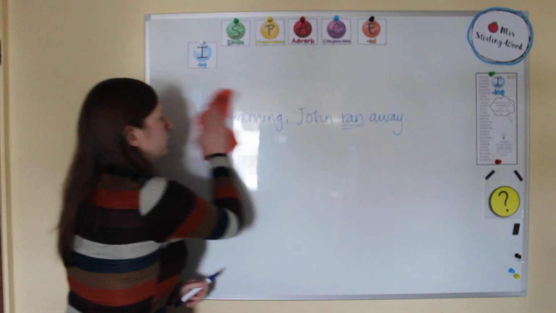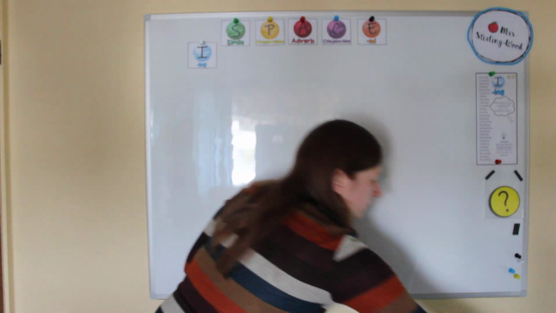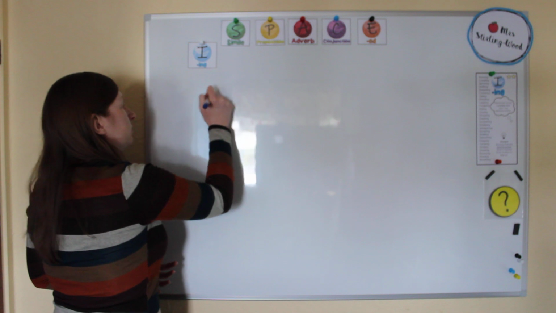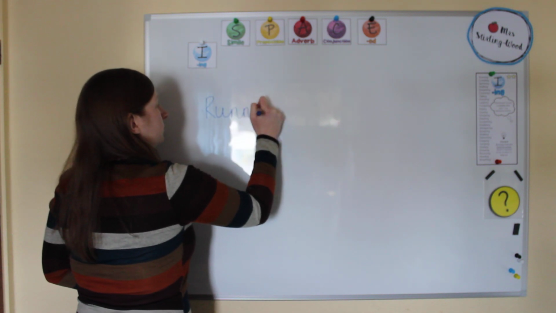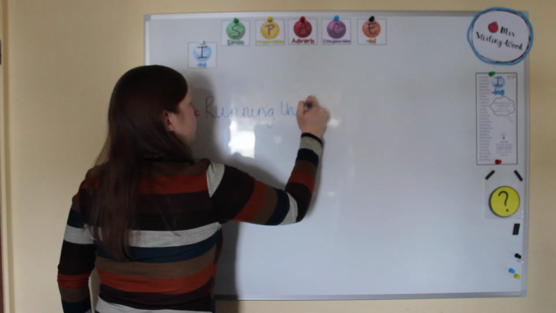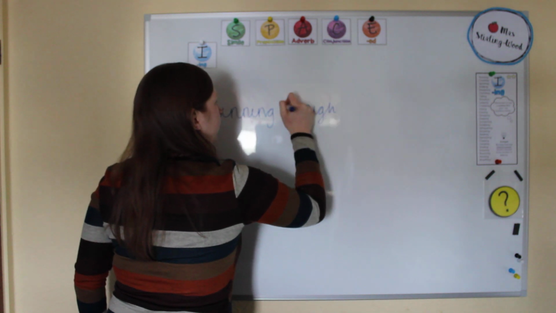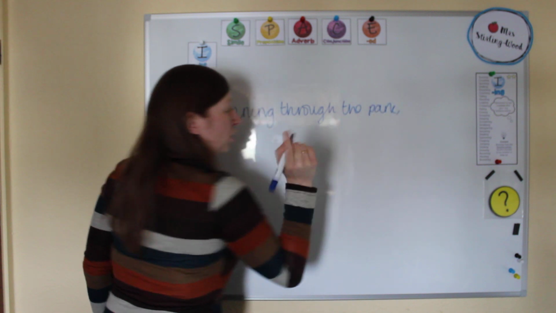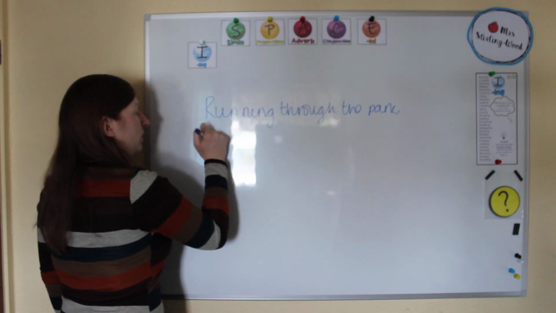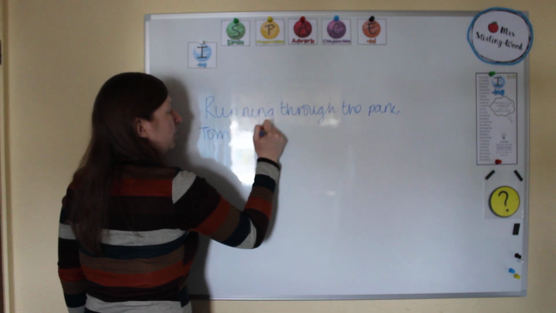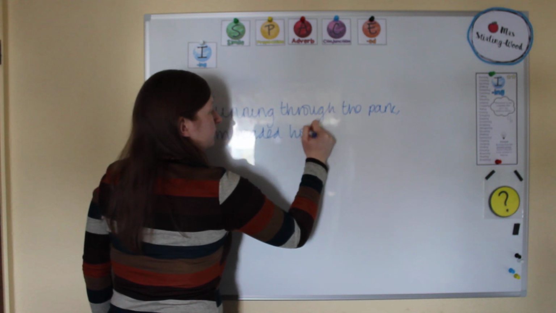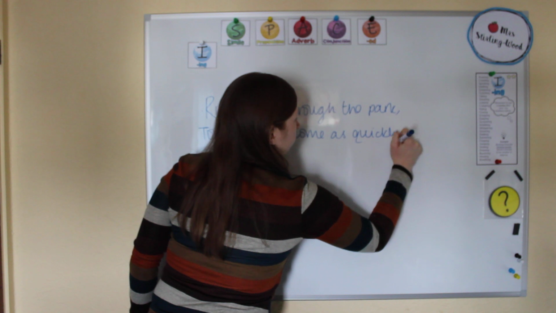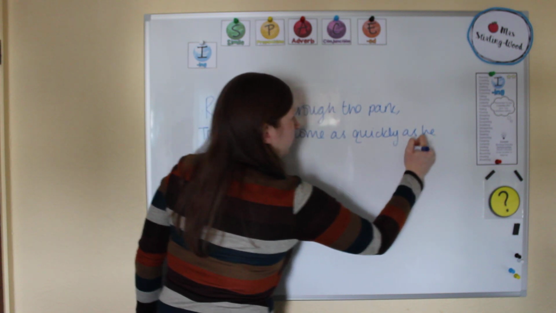So, running through the park. And these are getting a little bit longer now at the beginning. Remember your comma, running through the park, Tom headed home as quickly as he could.